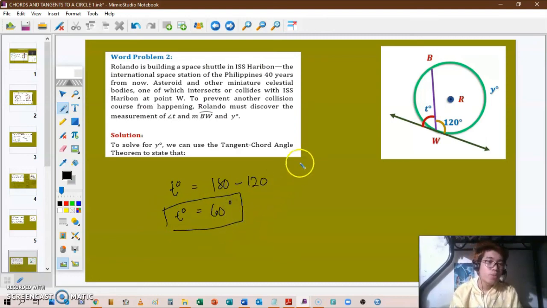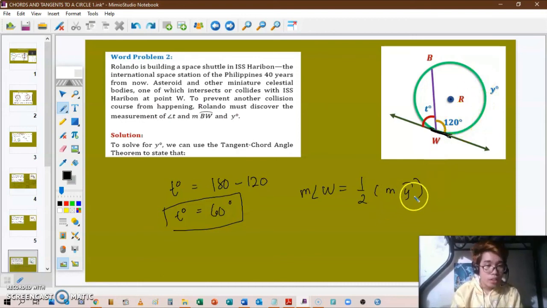To find the measurement of Y, we can again recall the tangent chord angle theorem. It says that the measurement of a given angle, let's say it's W here, is equal to 1/2 of the measurement of our arc. For our arc, it's simply Y, because there's no point that's been labeled here.